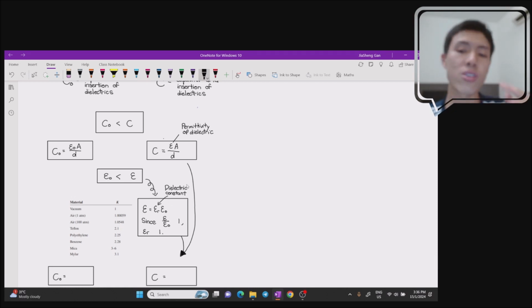This epsilon r here is called the dielectric constant. Another name for it is relative permittivity. That's why there's an r down there, relative permittivity.